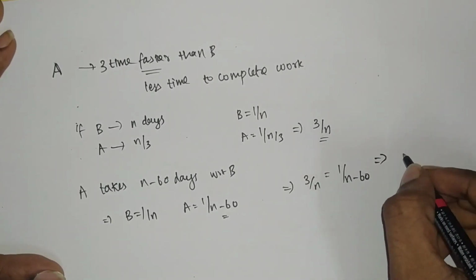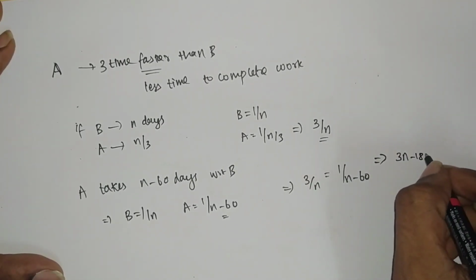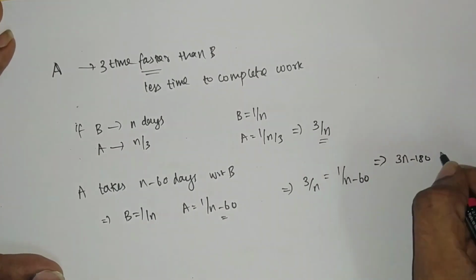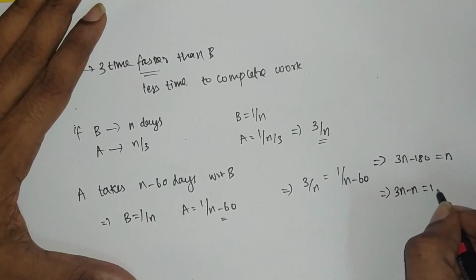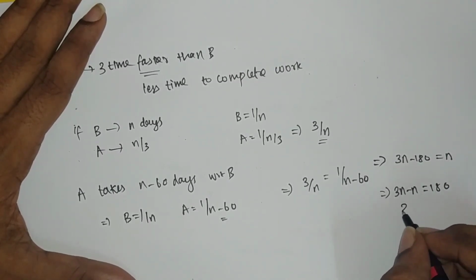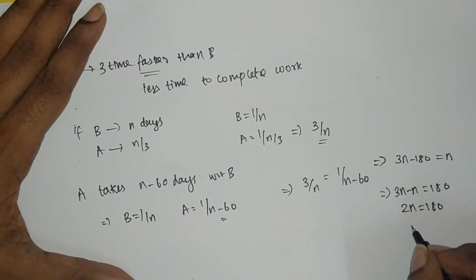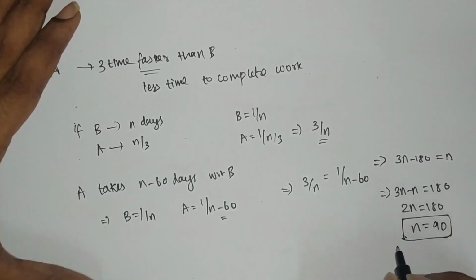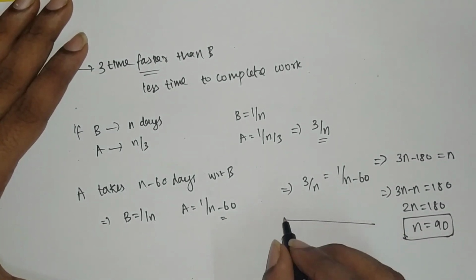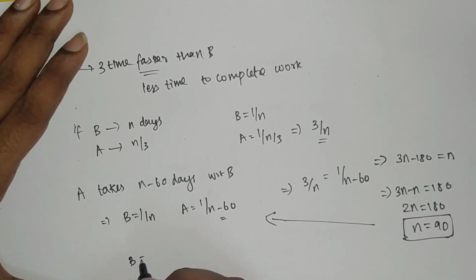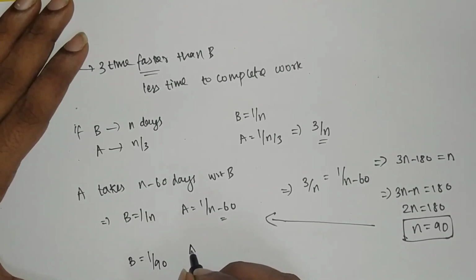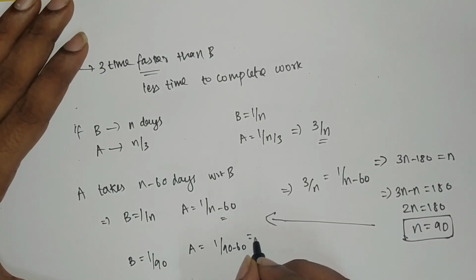Solving this will give n. 3n minus 180 equal to n. So 3n minus n equal to 180, which is 2n equal to 180, which means n equal to 90. So therefore we will get B equal to 1 by 90, A equal to 1 by 90 minus 60, which is 1 by 30.